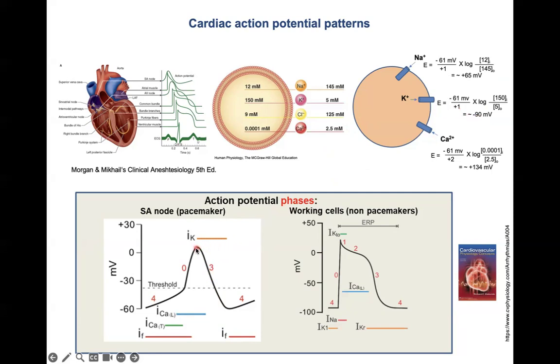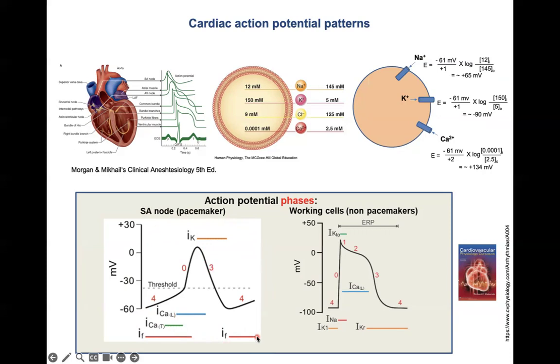At this point, we are around 0 or plus 10 millivolt, there is an outward movement tendency for potassium. This is why we have repolarization mediated by potassium ions leaving the cells. And finally, we again have hyperpolarization, phase 4, funny channels, F for funny, open up again. And this repeats itself about 70 times per minute, which is the heart rate.